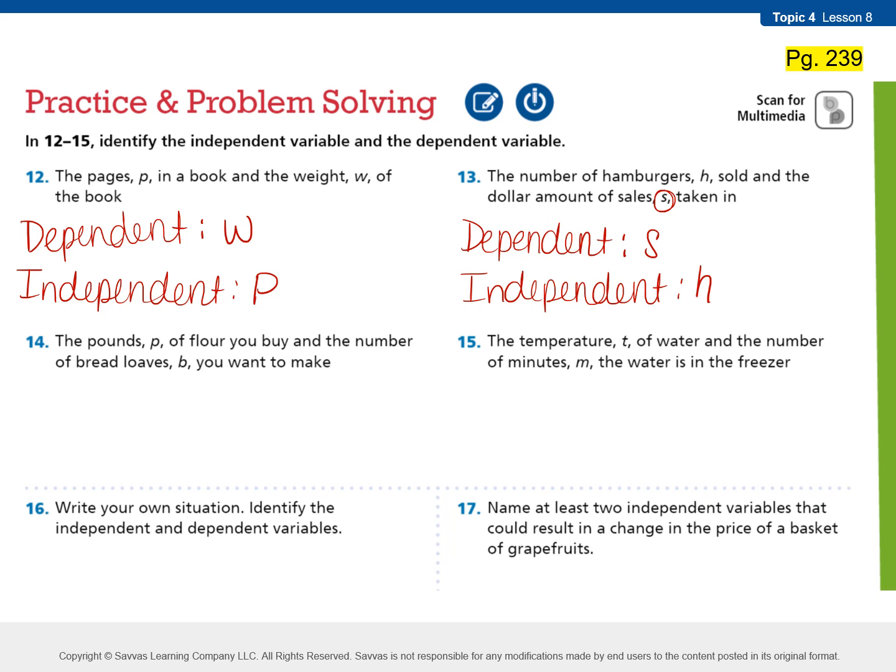Number 14, the pounds P of flour you buy and the number of bread loaves, B, you want to make. Which one is your dependent? Which one is going to depend on the other? The pounds of flour you buy and the number of loaves of bread that you make.